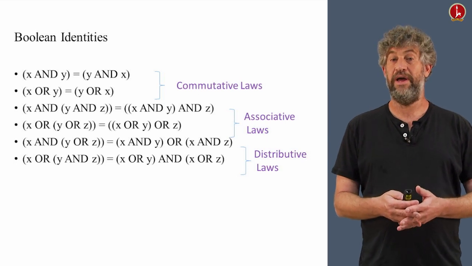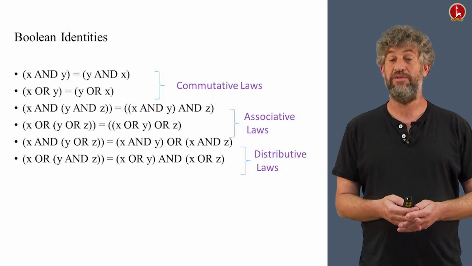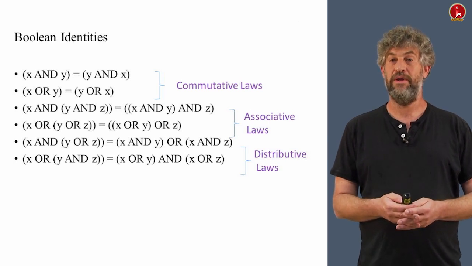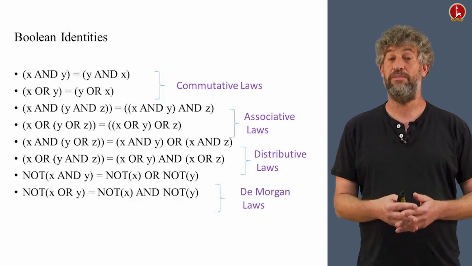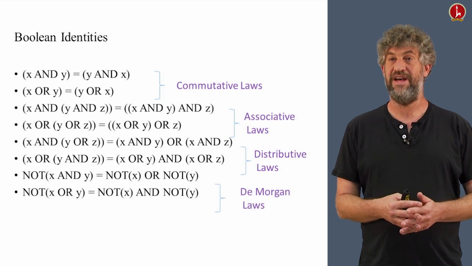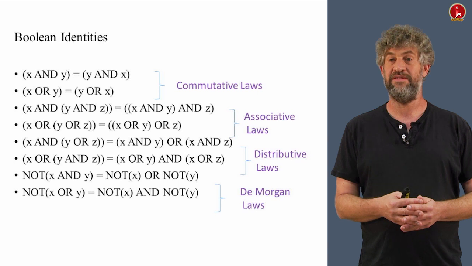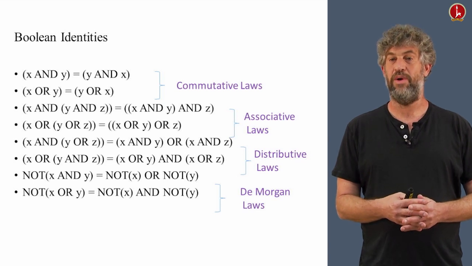Now there are also laws called De Morgan laws that govern how nots work, how they interrelate with and and or. These laws say the following interesting thing. If you take x and y and do a not on all of that, that's equivalent to first doing not of x and oring that to not of y.